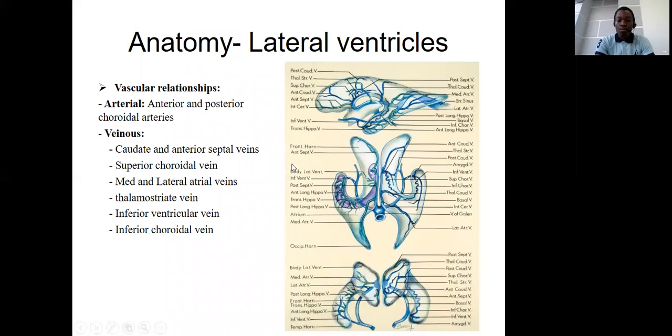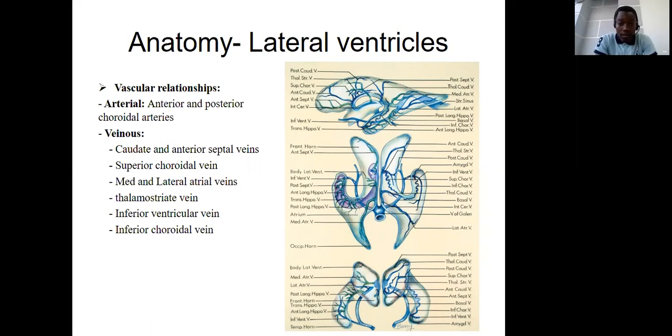The venous structures, we have the anterior septal, superior choroidal vein, medial and lateral, the inferior ventricular vein, and here we have part of the basal vein here, some septal veins, thalamostriate vein, here we have the posterior septal vein here, and then we have the vein of Galen here as part of the veins that are in close relationship with the lateral ventricles.